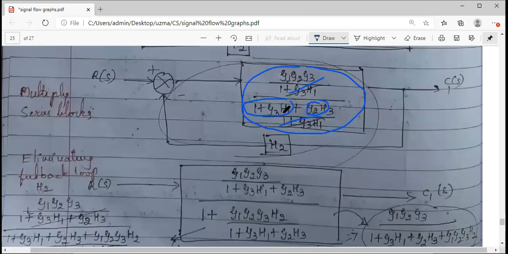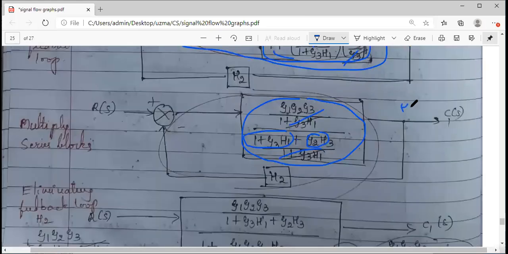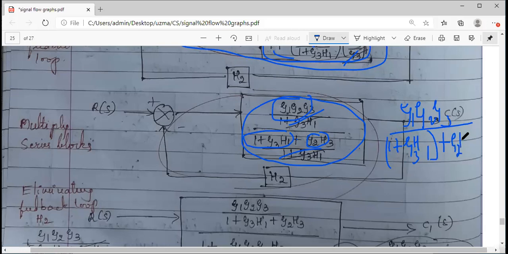You'll be left with, let me write it here, G1, G2, G3, ये न्यूमरेटर में बचेगा, divided by 1 plus G3 H1 in the bracket plus G2 H3. So this is your block. I have reduced it to this form.